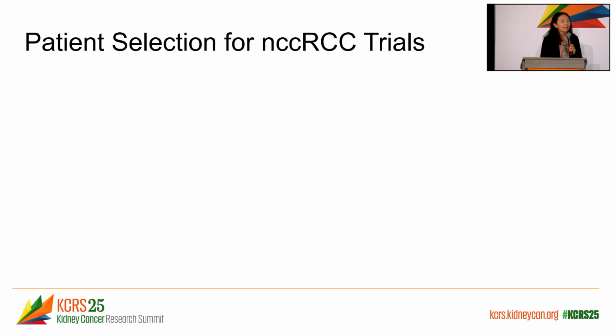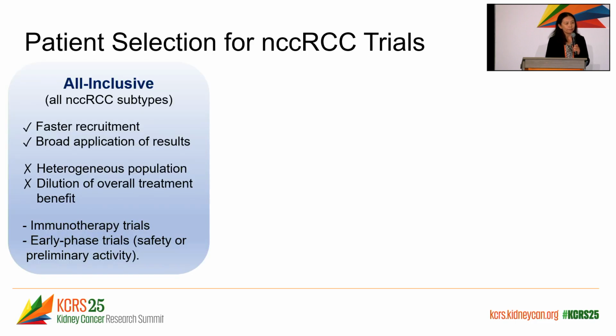For non-clear cell RCC trial, patient selection is critical. There are 3 different approaches, each with its own advantages and limitations. The first approach is the all-inclusive approach, or mixed bag approach, which includes all non-clear cell RCC subtypes. This approach offers 2 key benefits: fast patient accrual and a broader application.